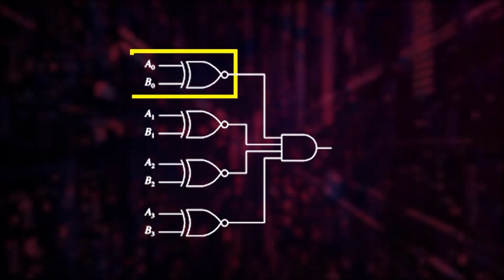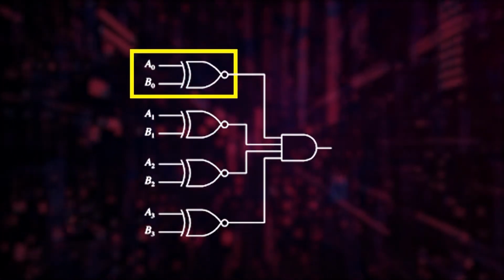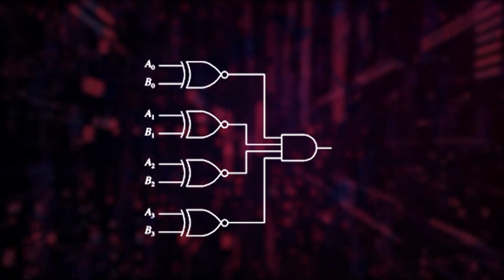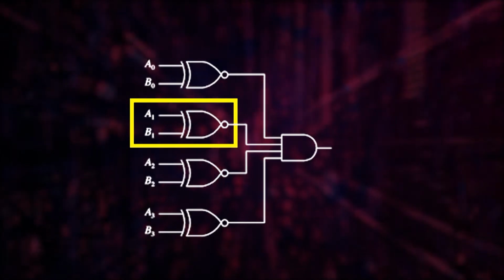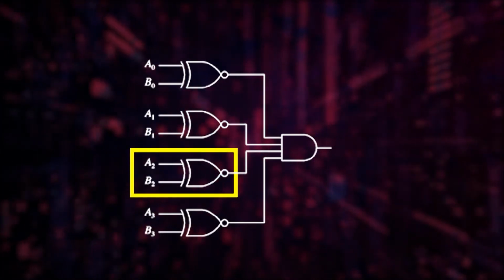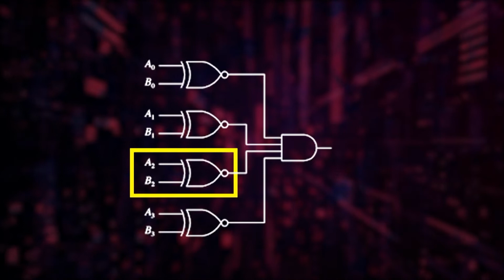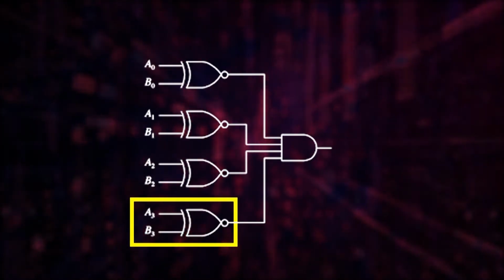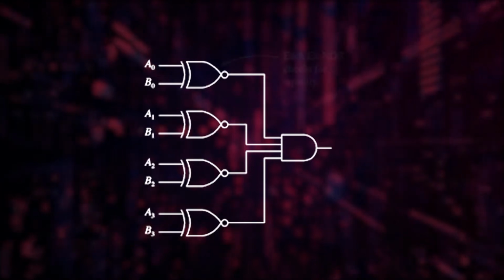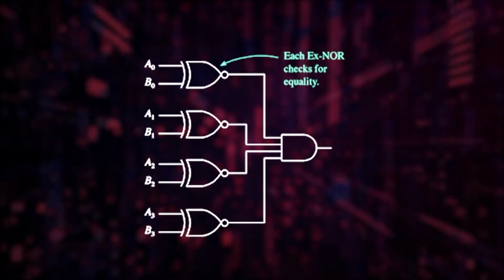The inputs A0 and B0 are fed into the first XNOR gate. Inputs A1 and B1 go to the second XNOR gate. Inputs A2 and B2 are fed into the third XNOR gate and inputs A3 and B3 are fed into the fourth XNOR gate. Each XNOR gate checks for equality.